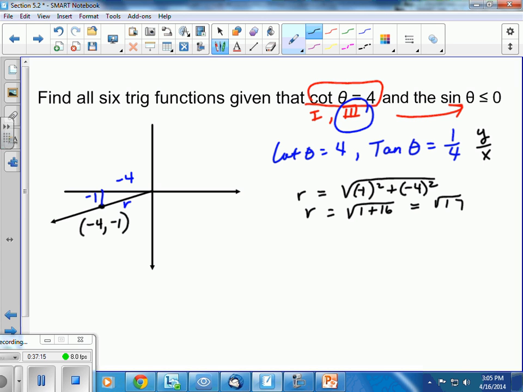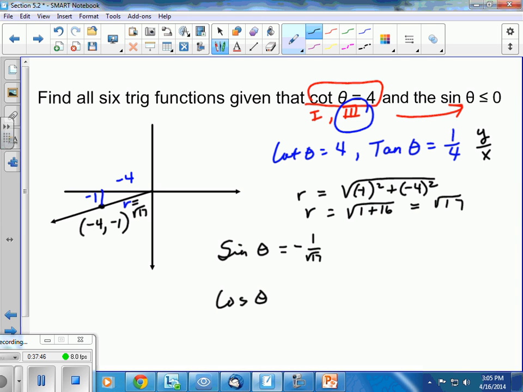Now that I have that r is the square root of 17, I already have my cotangent given, and I have the tangent because it's the reciprocal function. Now I can find the sine of theta, the cosine of theta, and once I find those, I can simply give the reciprocal functions.